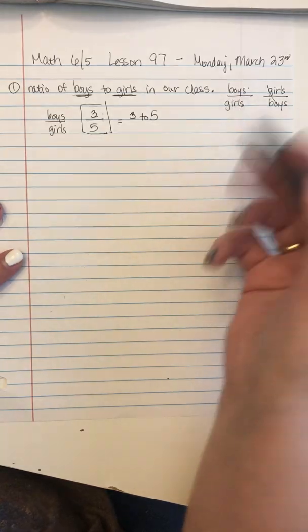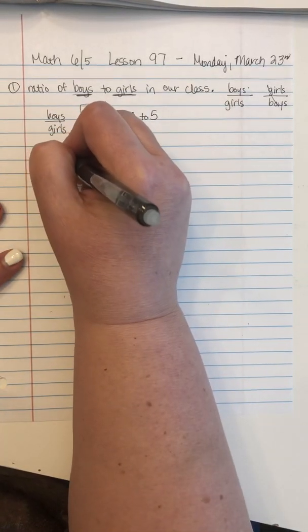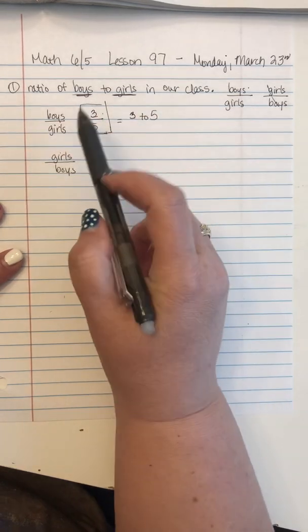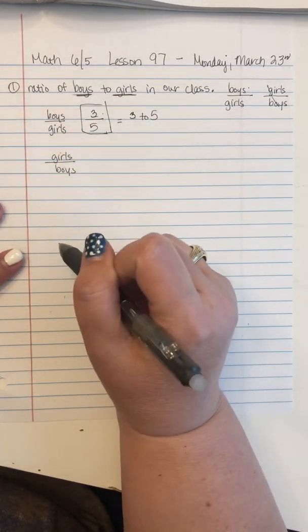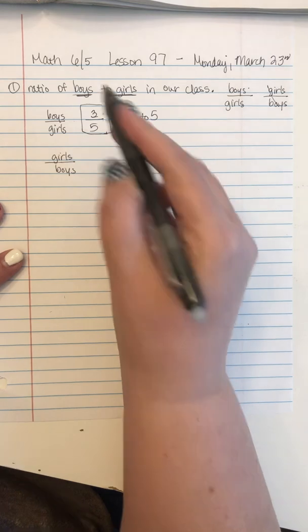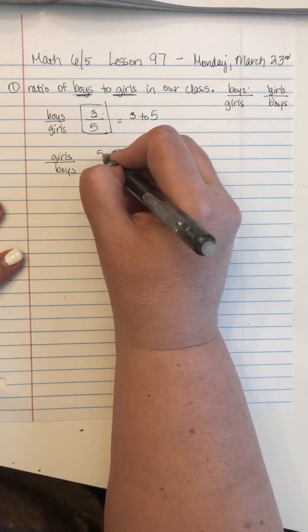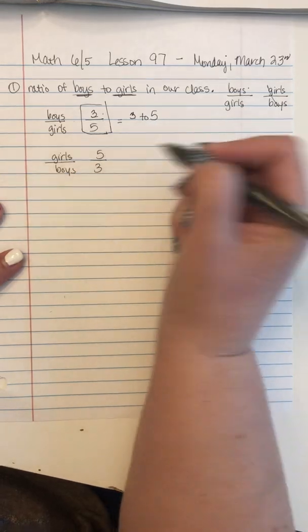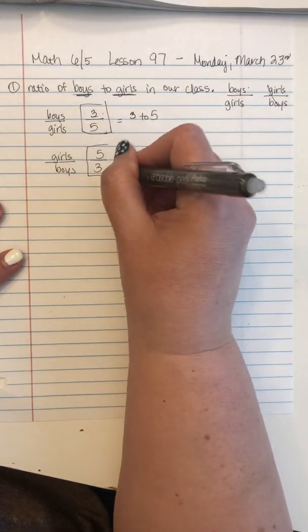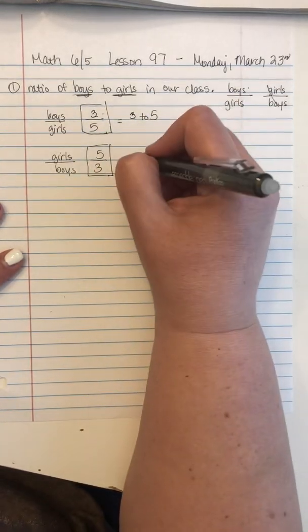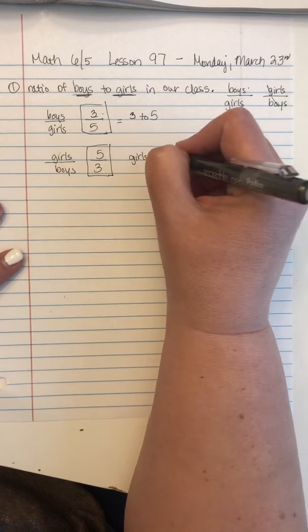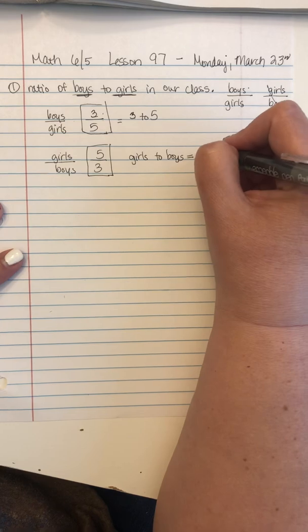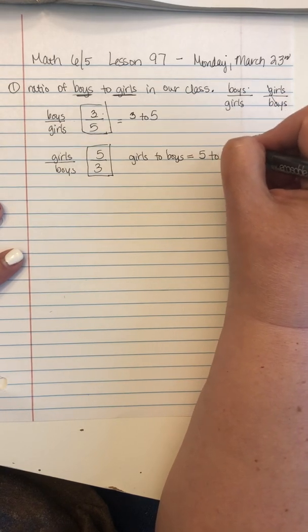And now if we were going to take the ratio of girls to boys, basically swapping these around, we said we have 5 girls, so that goes where the girls are, and we have 3 boys. So this would be our ratio of girls to boys, which written in words is 5 to 3.